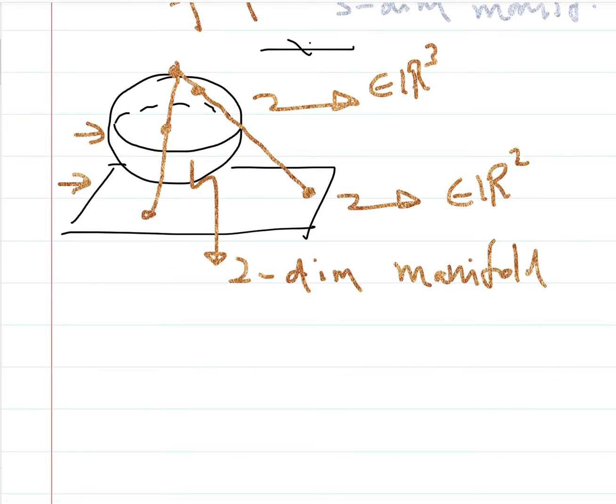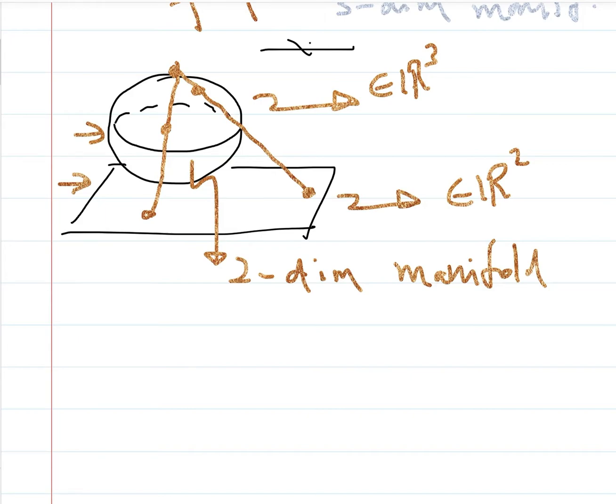If a set can be mapped into a subset of Rm for some minimal value m, we say that set is an m-dimensional manifold, i.e. it can be embedded in a subset of Rm.